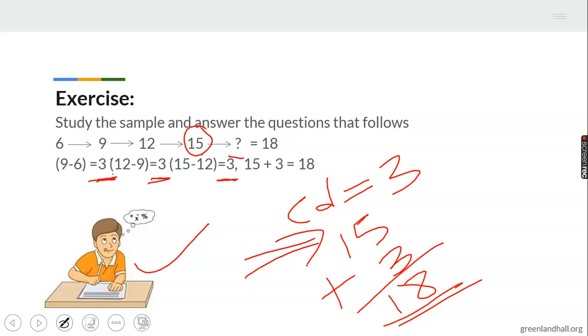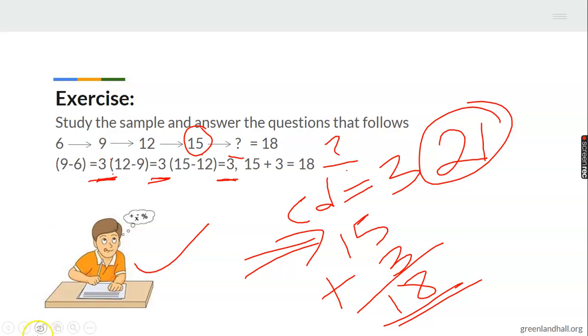So 18 will be my next number. If I ask again, what is my next number? Quickly, 3 seconds. 1, 2, 3. Yes, who got it right? That gives us 21. Correct. So that should be the next answer.